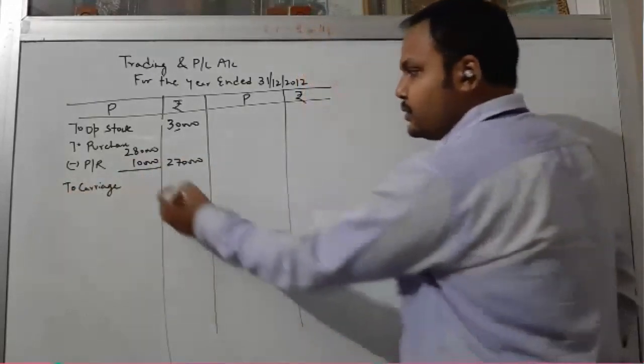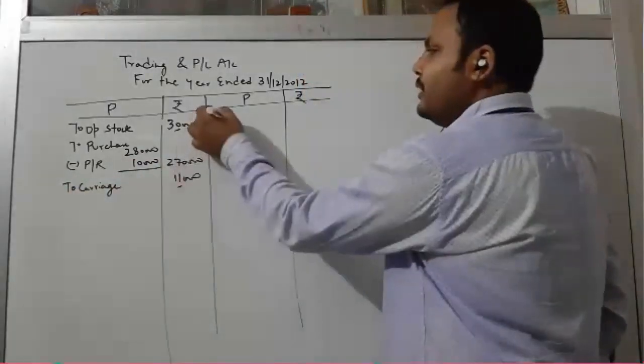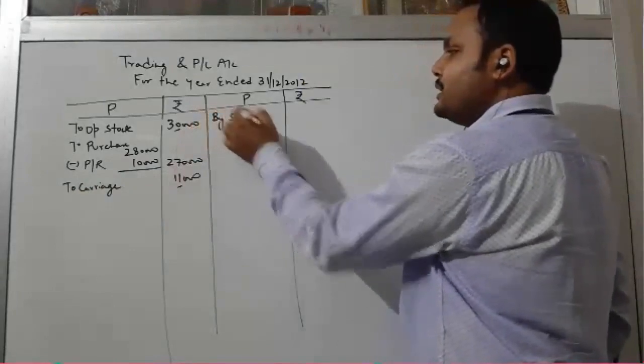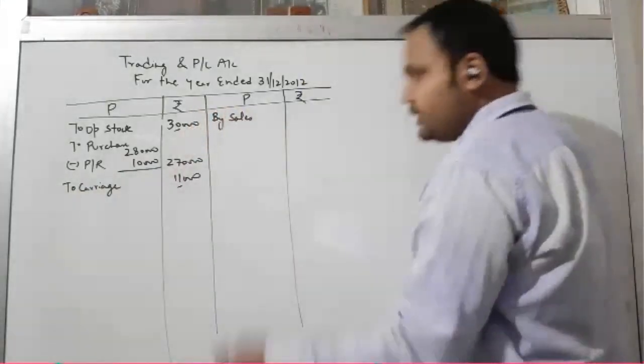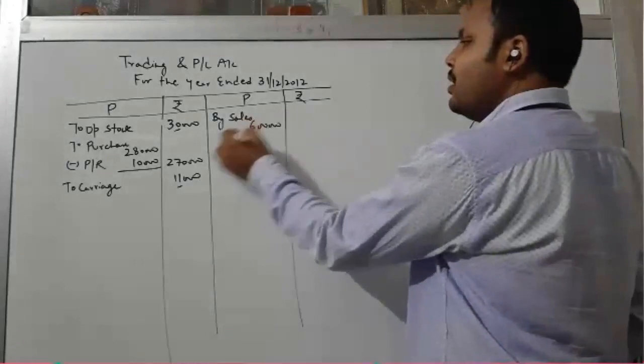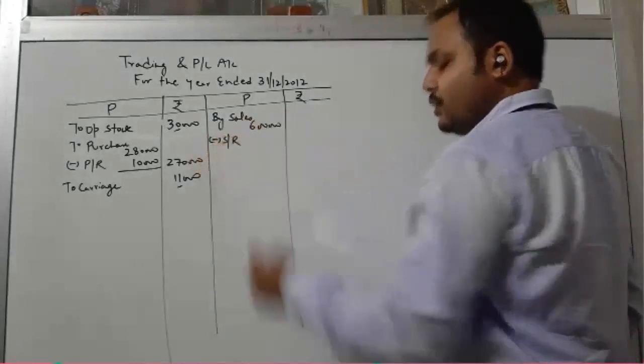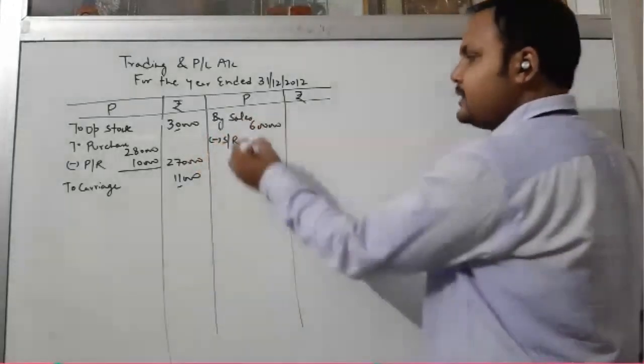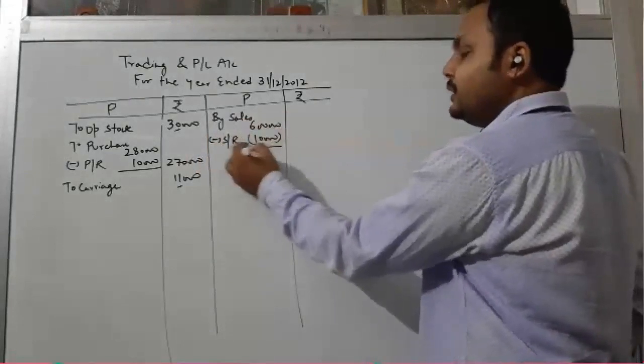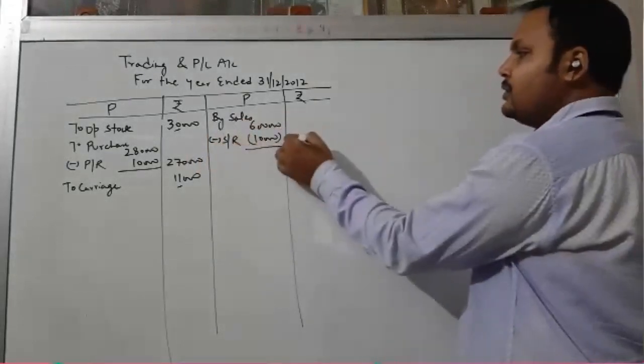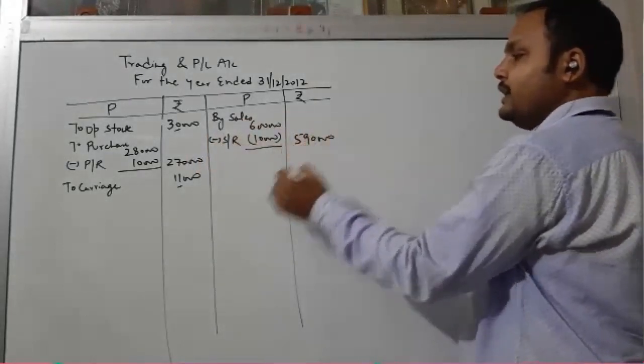is 11,000. And you know very well, in the credit side we write down the sales, and the amount of sales is 6 lakh minus sales return. What is the amount of the sales return? It is 10,000. It is also known as return inward. So the net sales value is 5,90,000.